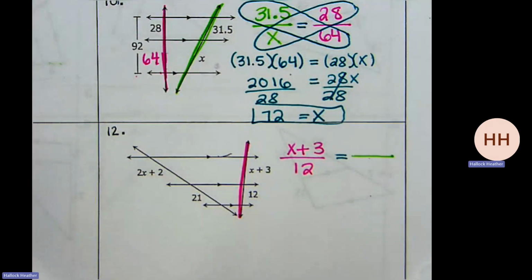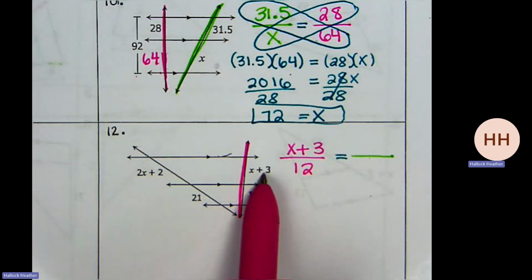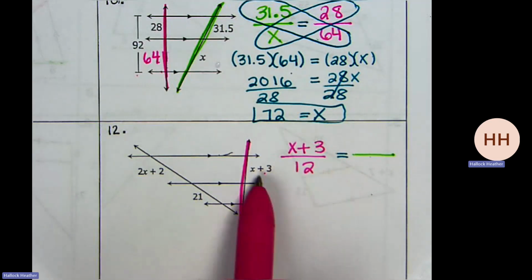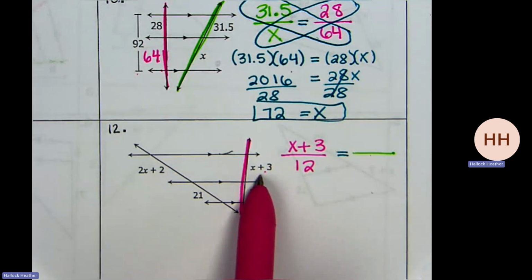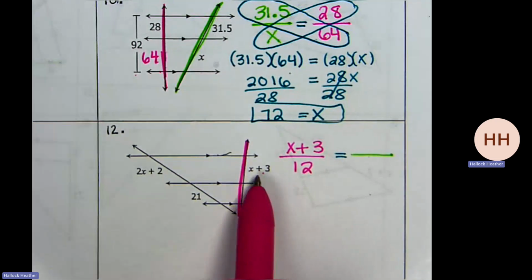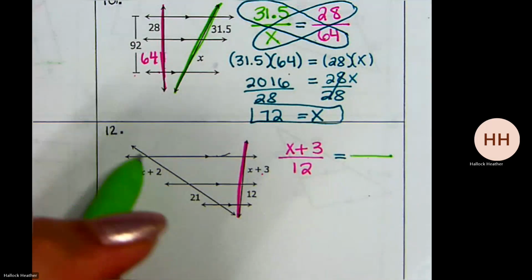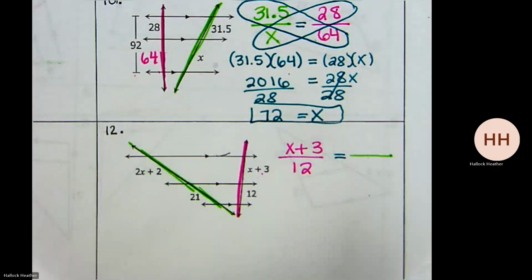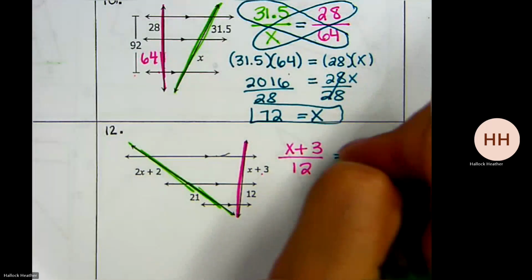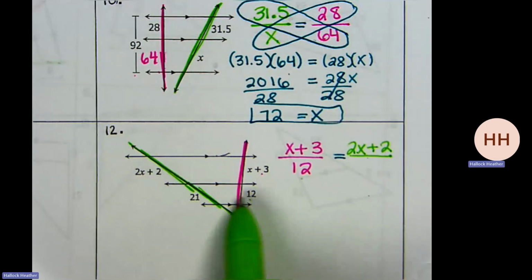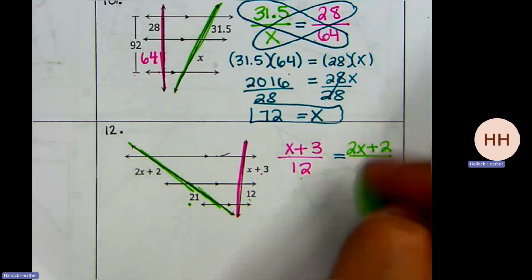Now, the tricky part is because I put x plus 3 first on the top, the matching piece that goes with x plus 3 across the way on the other line is going to be what? What has to go in the numerator on the other fraction? Two x plus 2, thanks. And then 12 across the way is going to be 21.